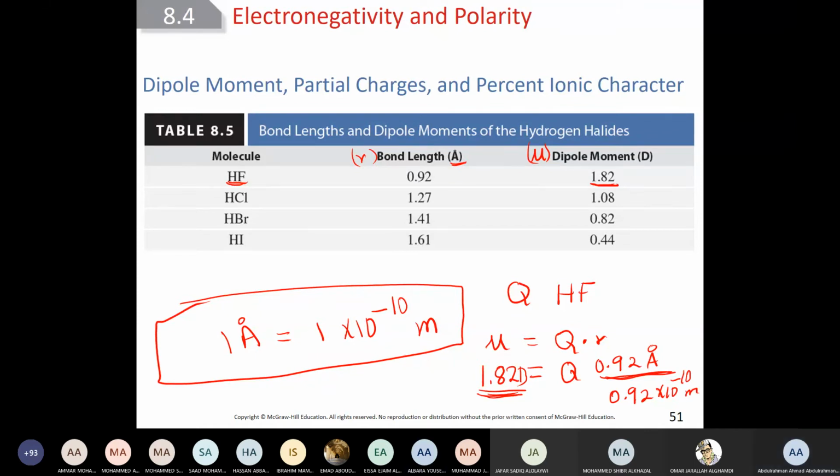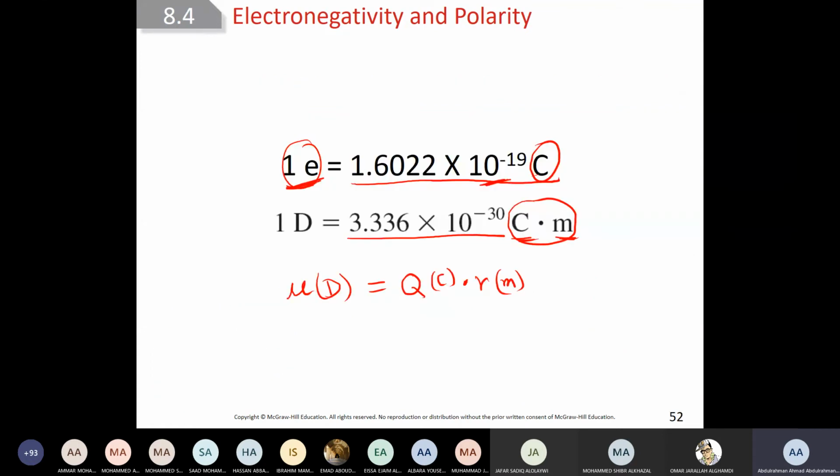Now, 1.82 debye. I'll give you this slide now. This is how to change the debye into Coulomb meter.